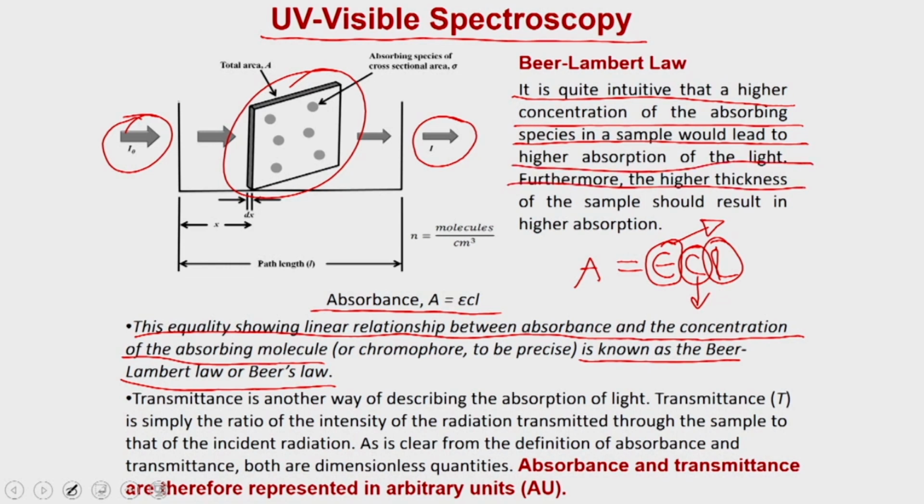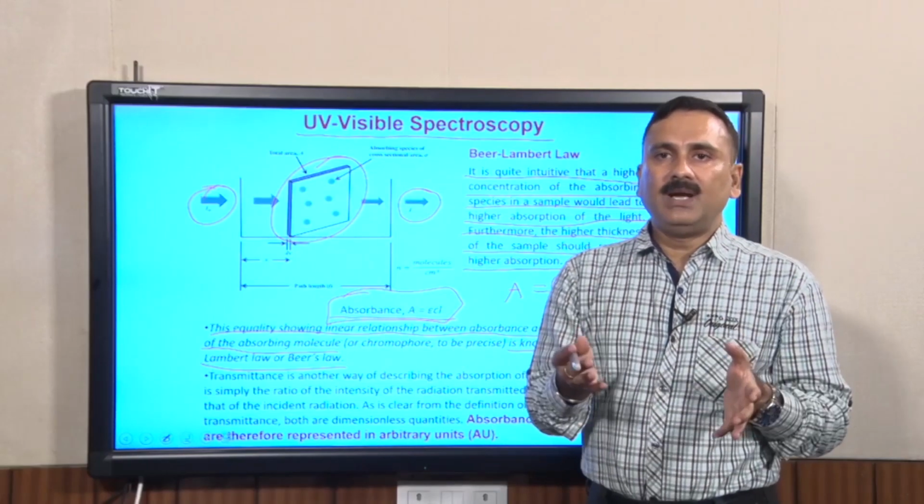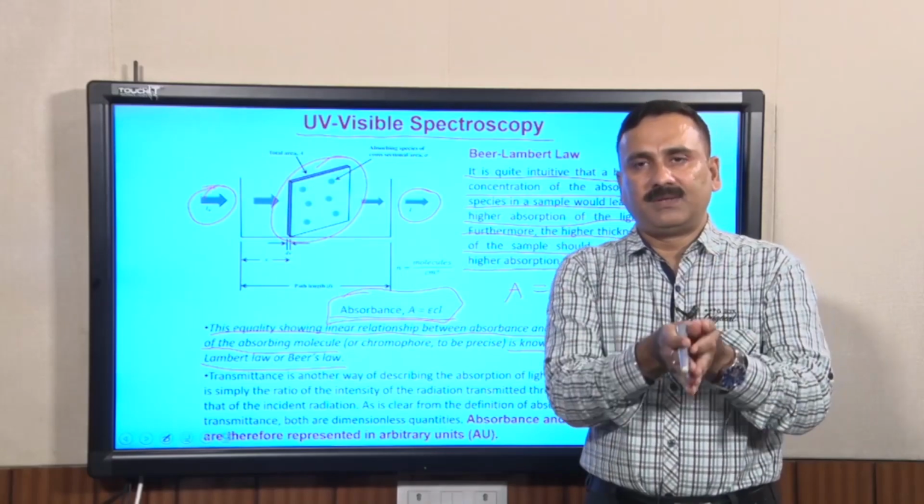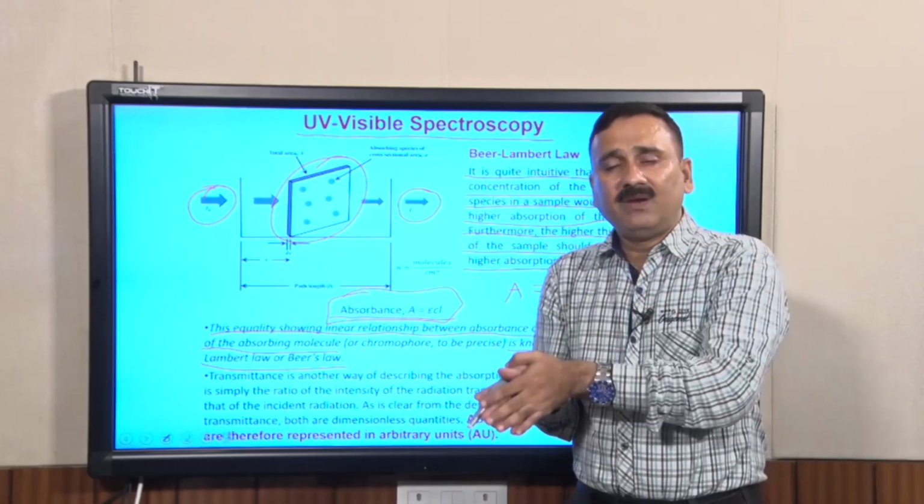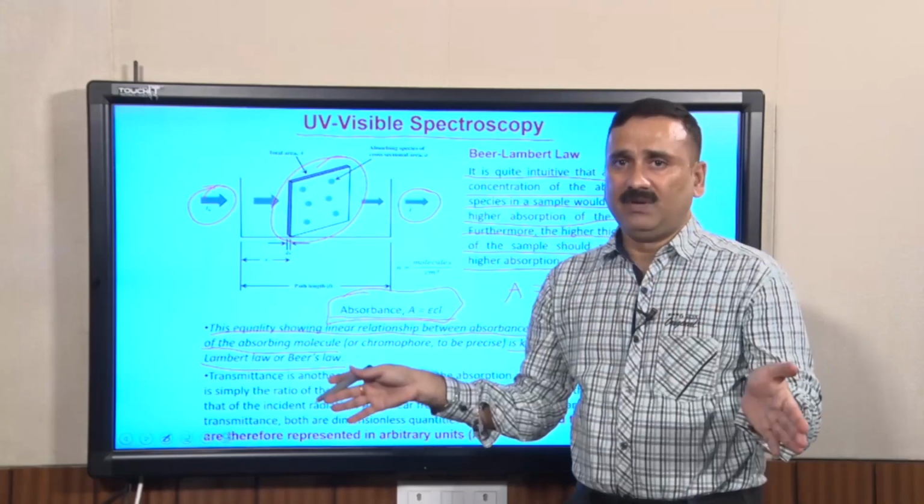Furthermore, a greater thickness of the sample should result in higher absorption, and as a result the absorbance is directly proportional to epsilon C L, and that can be used to calculate the absorbance of a particular sample at a given wavelength or in a range of wavelengths.